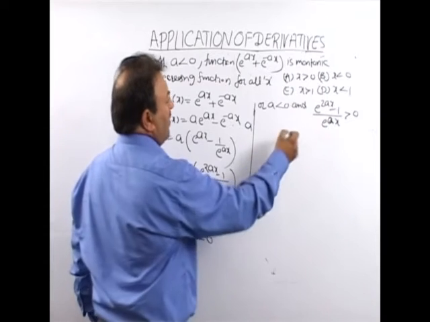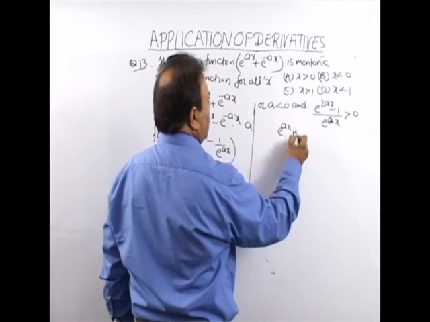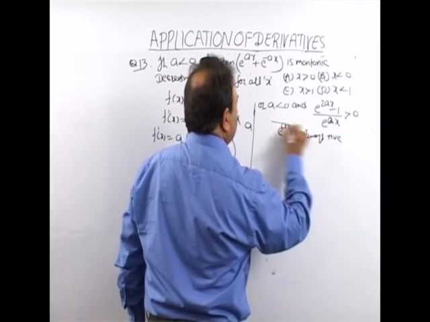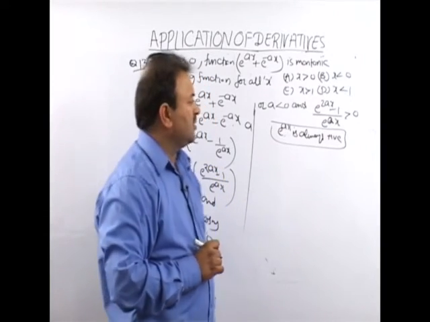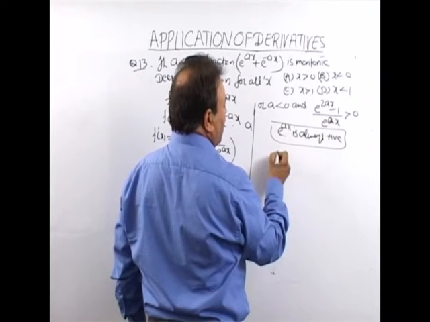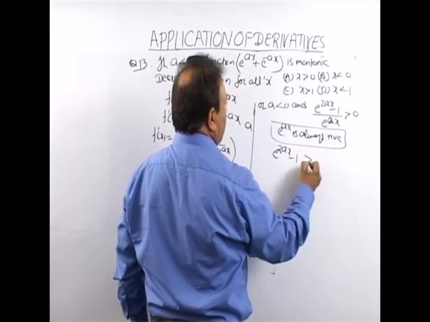Now e the power ax is exponential function, is always positive. इसकी जो रेंज होती है वो हमेशा क्या होती है? इट इज ऑल पॉजिटिव रियल नंबर्स. सो इसका आंसर हमेशा पॉजिटिव आएगा. तो क्रॉस मल्टीप्लाई करके इसे इलिमिनेट कर सकते हैं. e the power 2ax minus 1 greater than 0.